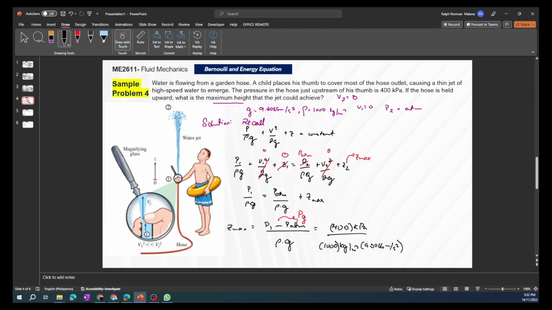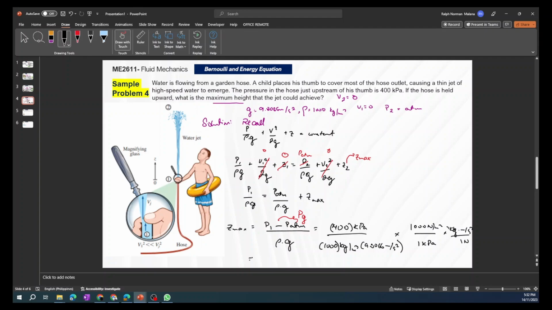This will build into just Pascal, so we have to multiply by 1000 Newton per meter squared divided by 1 kPa, and then 1 kilogram meter per second squared over 1 Newton. There we go. This would cancel out, and what we'll be left with is meters.